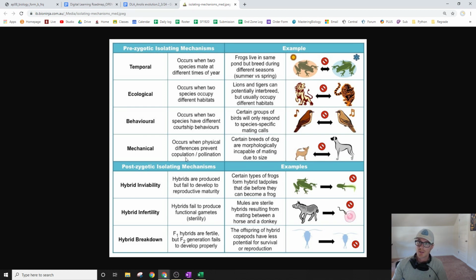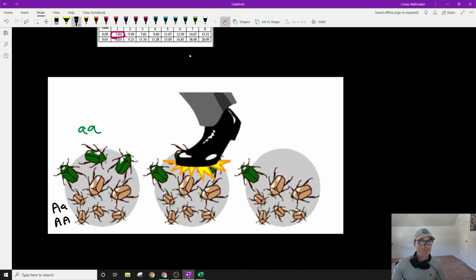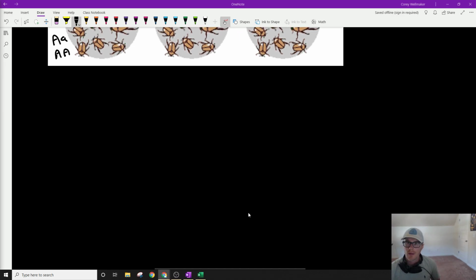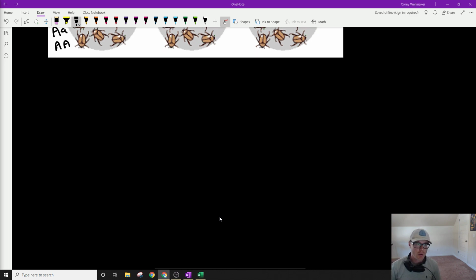And so these are the two major mechanisms that keep members of different populations apart. You can think of these mechanisms as a wedge.